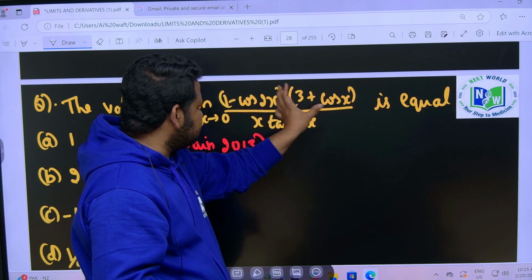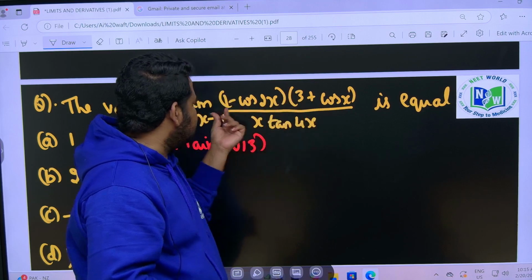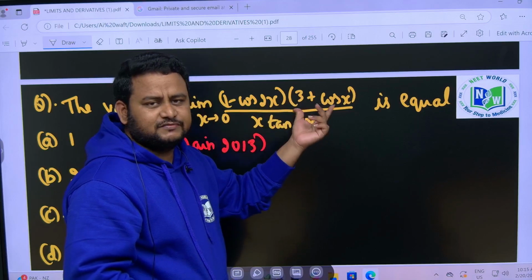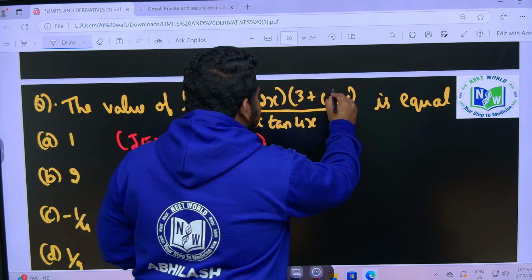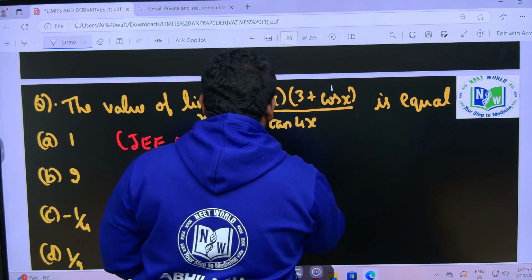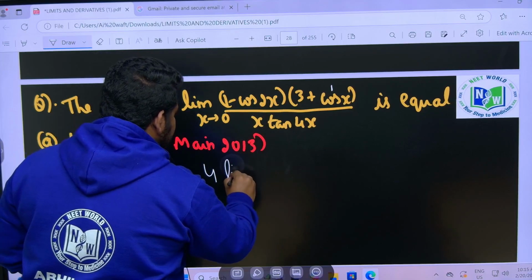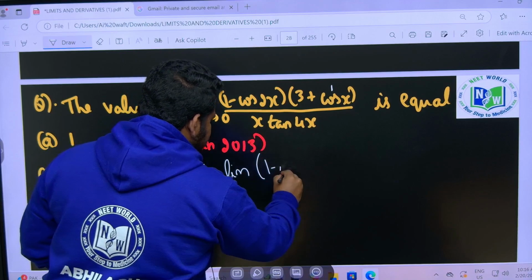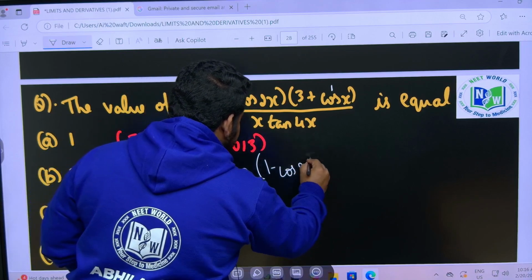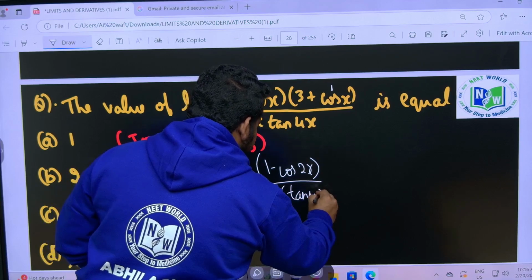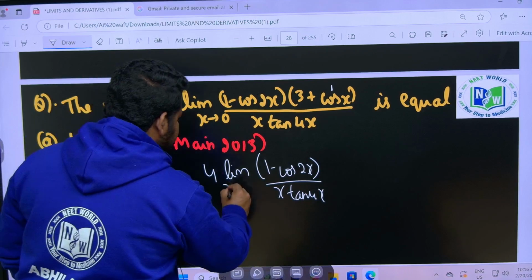Limit f of x into g of x is the product of limits. So 3 plus cos 0, and cos 0 is 1, so 3 plus 1 becomes 4. So this will become 4 times limit of 1 minus cos 2x by x tan 4x as x tends to 0.